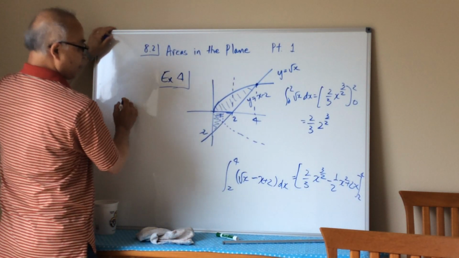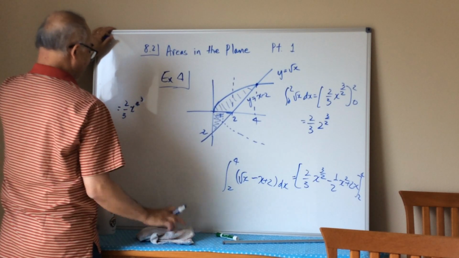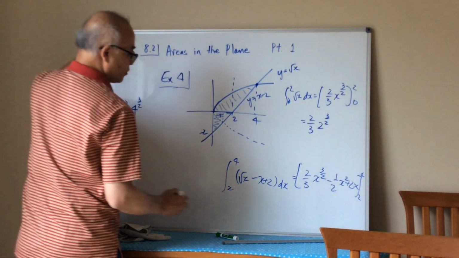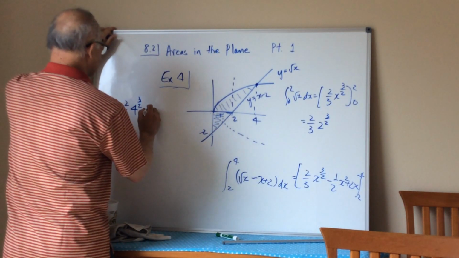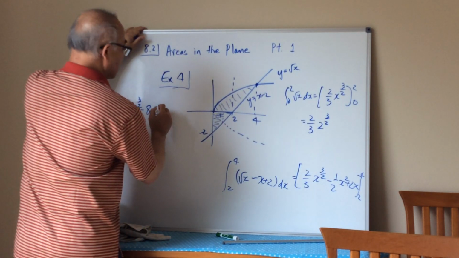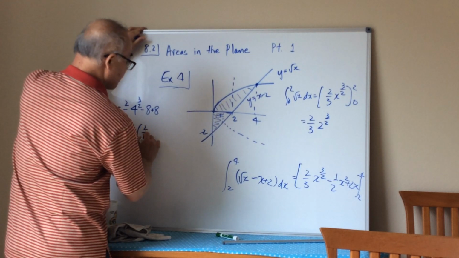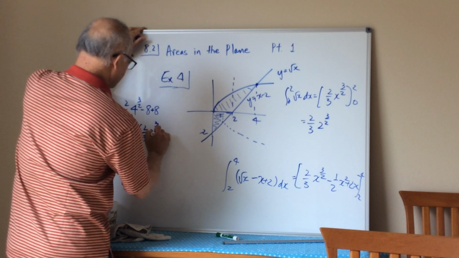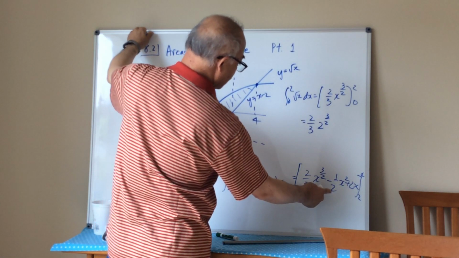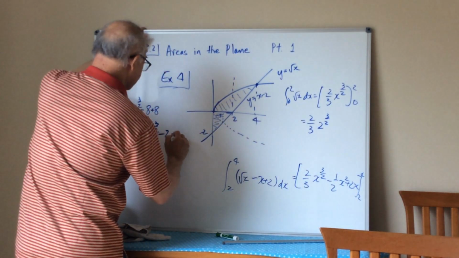If I put in 4, I'm going to get this. 2/3 times 4 to the 3 over 2, then I put 4 in here, I get negative 8, 16 over 2, then plus 8, and then I put the 2 in, so I'm going to have to subtract: 2/3 times 2 to the 3 over 2, then I'm going to put 2 in here, so a negative 2, then 2 in here, I'm going to get plus 4.